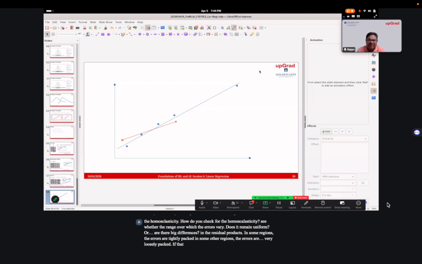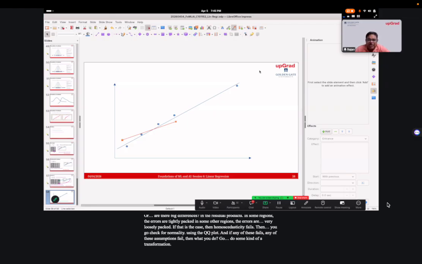If that is the case, then homoscedasticity fails. Then you go check for normality using the QQ plot. And if any of these assumptions fail, what do you do? Go do some kind of transformation.